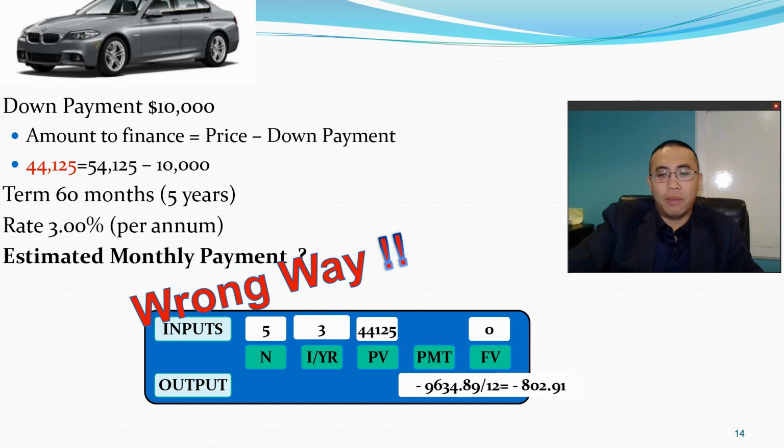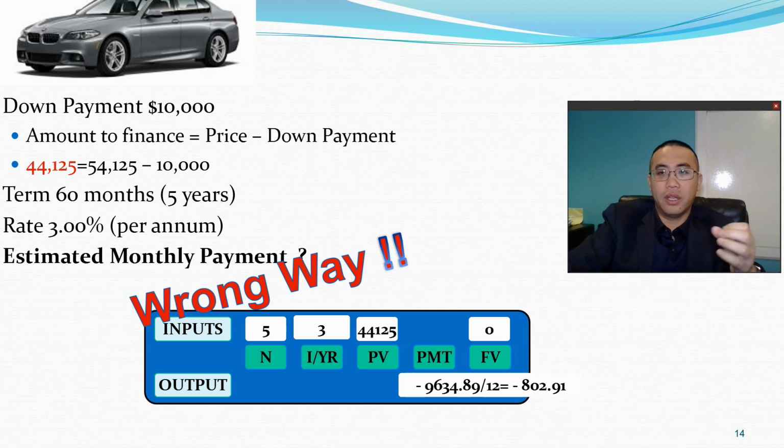Okay, this is the wrong way because the payment of each month should have different values, although the number is the same. So $1 in January is different from $1 in December. $793 in February is different from $793 in March. So you cannot treat the monthly payment equally in a single year. Therefore, you cannot divide an annual payment simply by 12 to get a monthly payment, because each month the value of the payment is different.